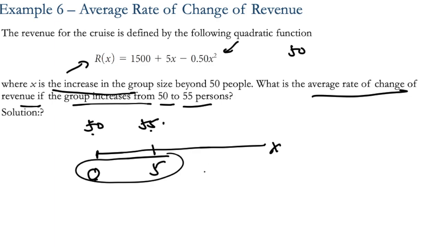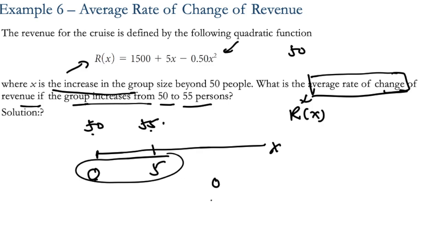So if that is the case, we have x equals 0 and then x equals 5. So we want to calculate the average rate of change of revenue if the group increases from 50 to 55 persons. So we need to find the average rate of change in revenue. All right.